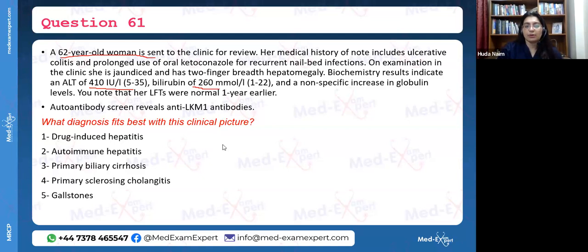The LFTs were normal 1 year earlier. So what is the correct answer? LKM1, I'll just show you the table if it's present. They're telling you that 1 year earlier it was completely fine. What is the age group of autoimmune hepatitis? Is it in the older age population or amongst younger females?